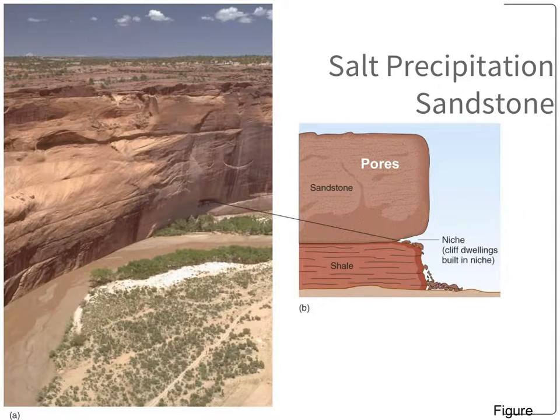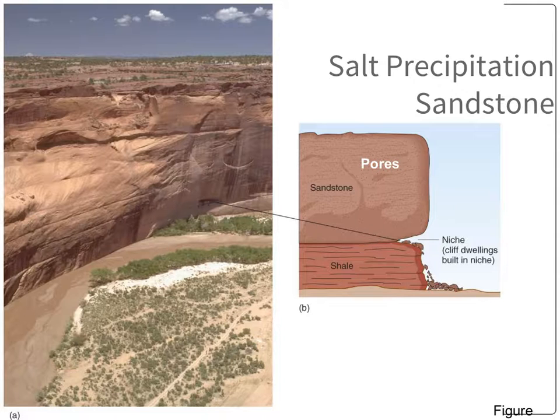The more natural situation is more of an issue in some of the semi-arid and arid areas, where you're going to get evaporation of water, pulling salts up out of the ground from the water table. The water evaporates away, the salts remain.